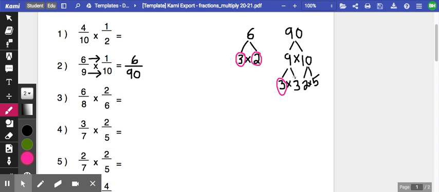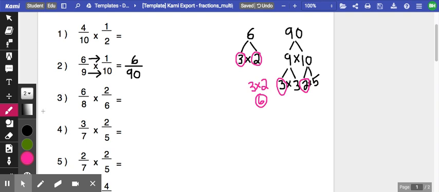Does 90 have a 2? Oh yeah, 90 does have a 2. But that's all I have. So now I do 3 times 2, and I get 6 as my greatest common factor.